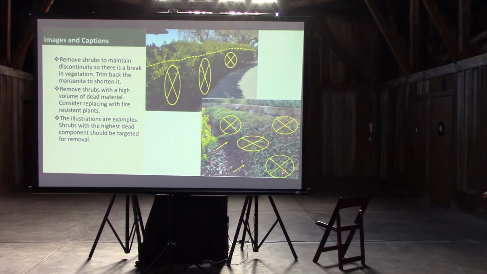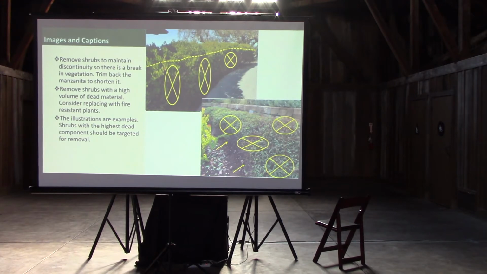You have some choices here. You can break this up. We had an earlier slide showing that lavender that was cut all the way to the ground and started to resprout, and those new sprouts are a lot higher in fuel moisture. They're very pliable. They're not woody yet. It takes a while for that. So you as landscapers can make some decisions along with the homeowner, whether you want to chop this up and make different shrubs out of it.